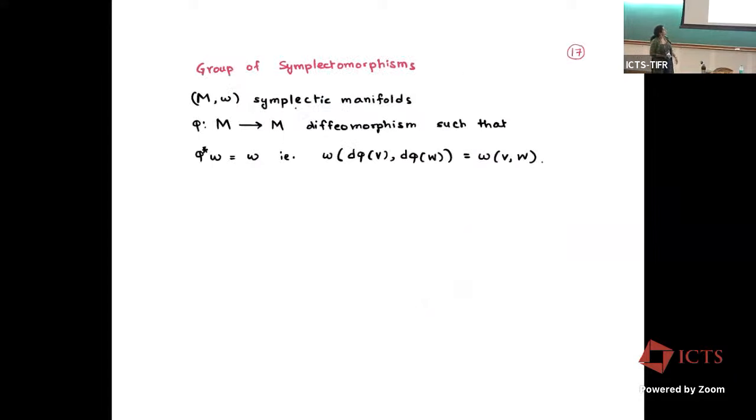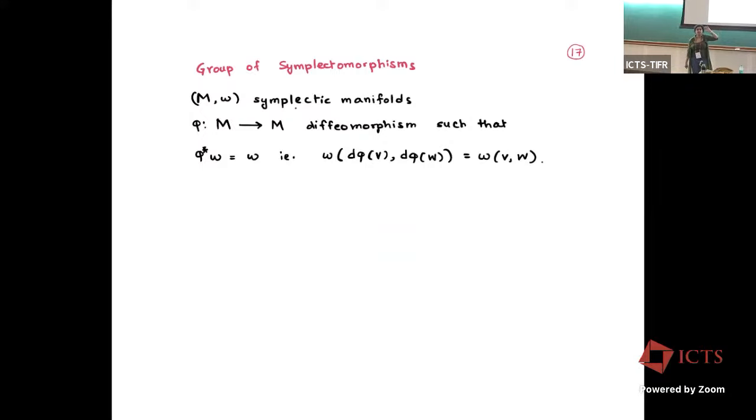Okay, but there are other questions which, at least for now, don't seem to have practical applications, but they're very interesting. So I want to talk about symplectomorphisms. What is a symplectomorphism? So there's a function from my manifold to itself, which is a diffeomorphism. That means it's differentiable and it's an isomorphism.